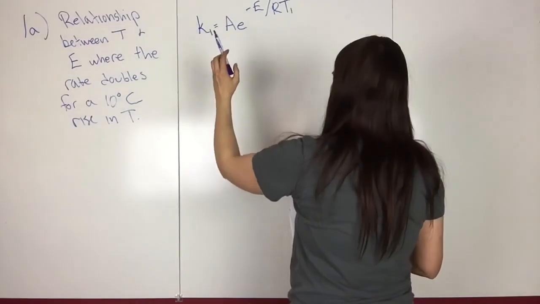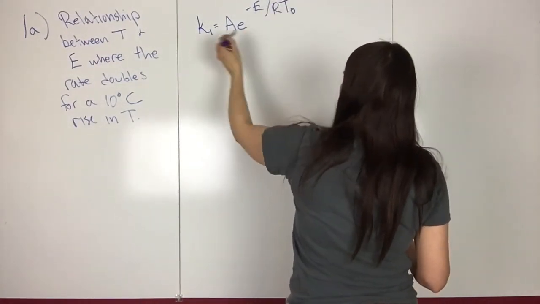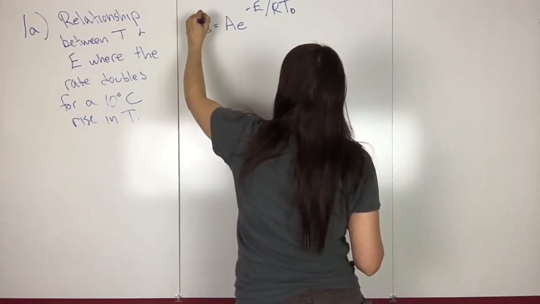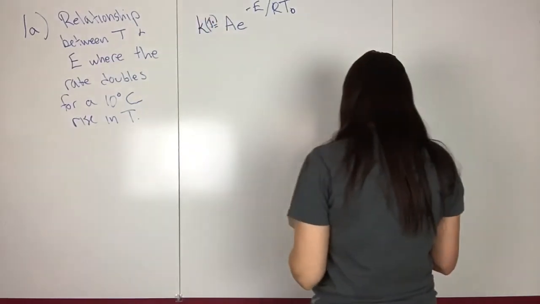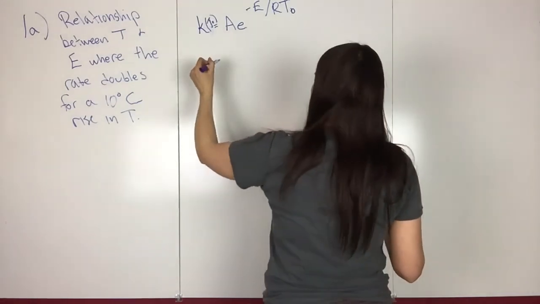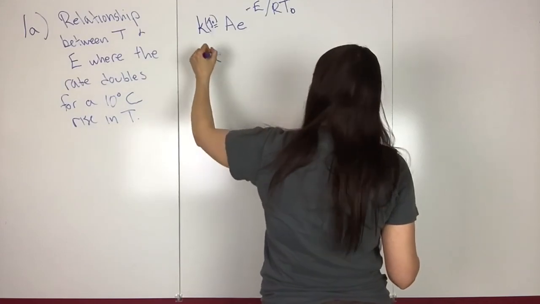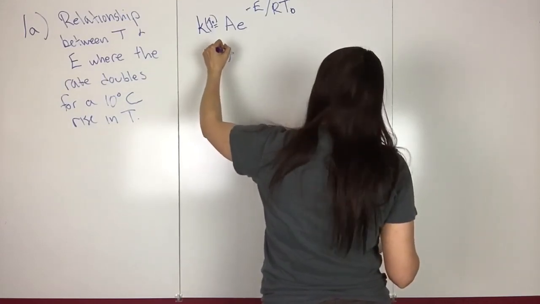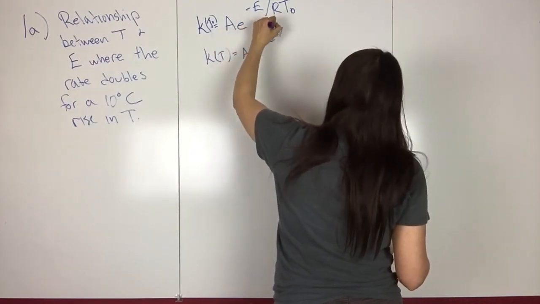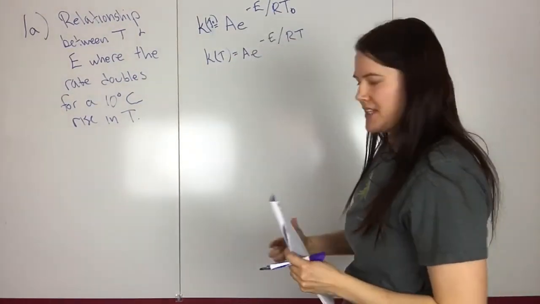So let's say that you know k at, let's say this is T naught. So let's just say this is k at T naught equals A e to the minus E over R T naught. And then let's say that you want to know k at T, so A e to the minus E over R T. Then you can take the ratio of these.